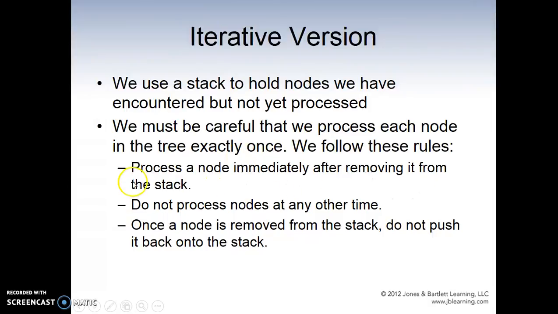By following the rules: process a node immediately after removing it from the stack. Do not process nodes at any other time. Once a node is removed from the stack, do not push it back on the stack. So we create a stack to hold the nodes that we have to process, right?